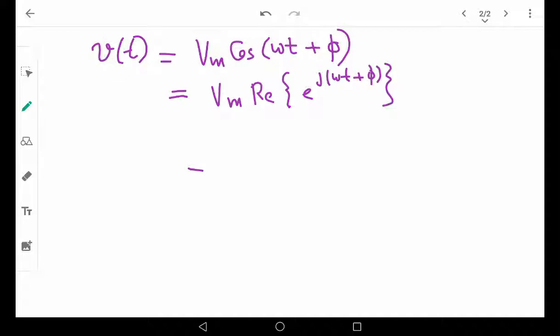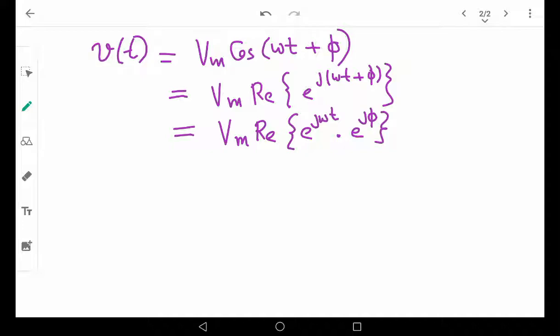Using Euler's identity, you can simplify it further. You can write it as Vm real part of e raised to j omega t multiplied by e raised to j phi.